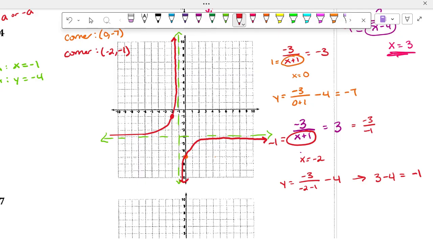But our outputs are exactly the same. All right, so that's why we only focus on the fractional part, because we only care about what's happening to the x value. All right, the y comes into play when we need the other part of the point, and that's when you put it into the whole function. Does that kind of make more sense?